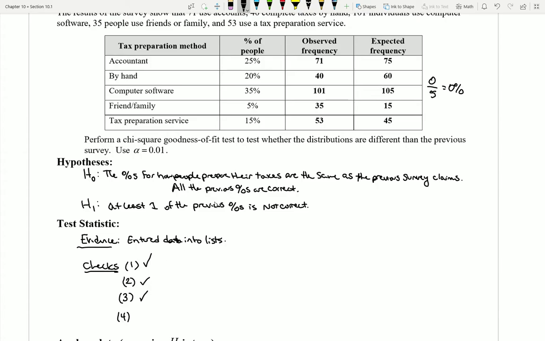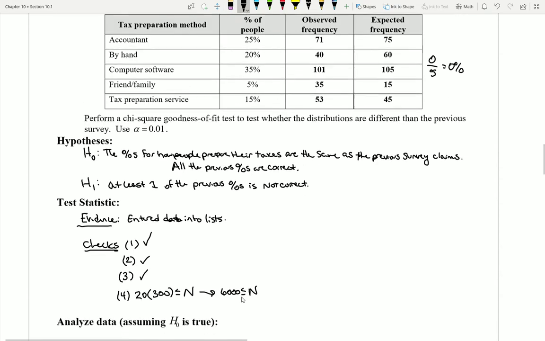So we want to make sure that each of these observed values here represent unique individuals, that we didn't survey anybody twice. Now, of course, that seems pretty obvious that we would have done that here. So if it's the case that we sampled without replacement, which here we most certainly did, I need to check my 20 times n is less than or equal to capital N. Of course, here that means that I have something like 6,000 is less than or equal to N.